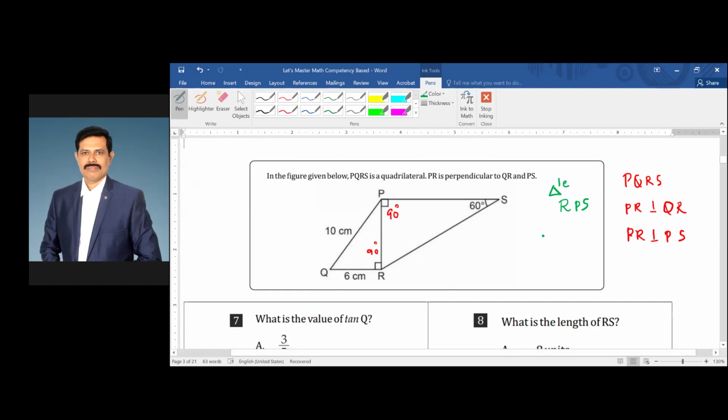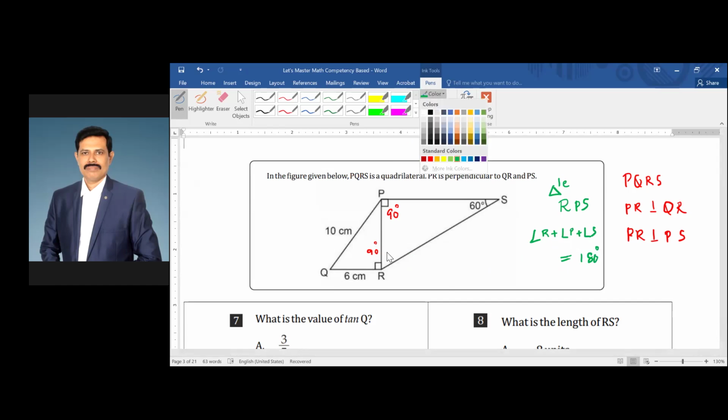In any triangle, the sum of the angles, so angle R plus angle P plus angle S, should be equal to 180 degrees. I think you agree with this, right? The sum of the angles should be equal to 180 degrees. So at the very first instance, what we can find is this angle.